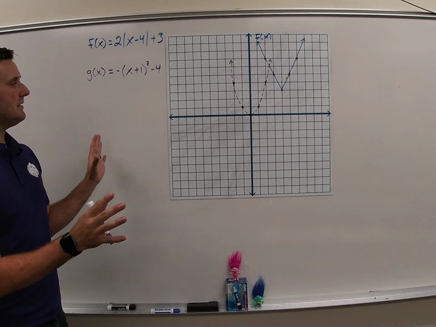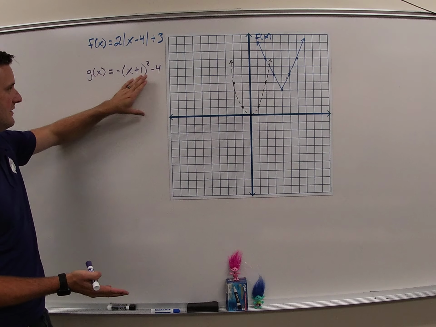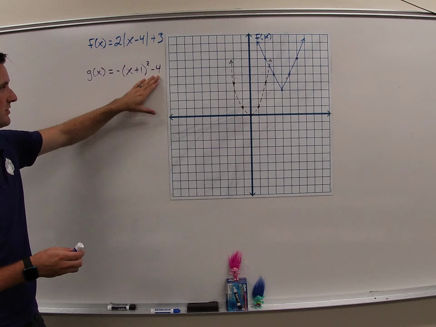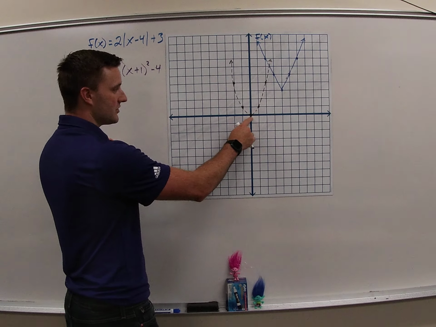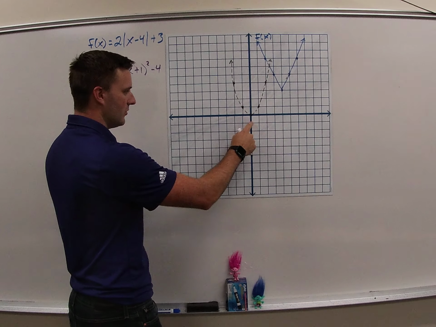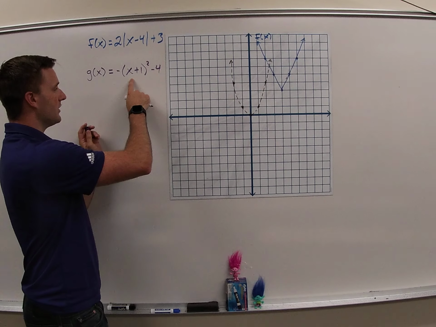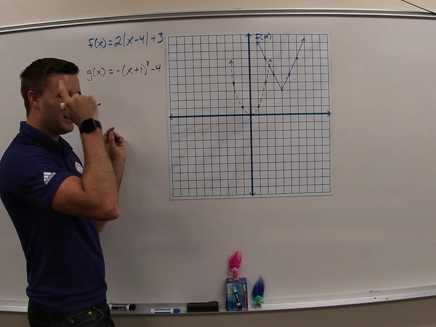But again, same process. Let's start with our shifting up and down, and then our shifting left and right. So this minus 4 means that we're going to start from our origin and go down 4. Every single point is going to do this. So we're going to go down 4. 1, 2, 3, 4. And then from here, we also are going to go, let's see, x plus 1, think opposite.